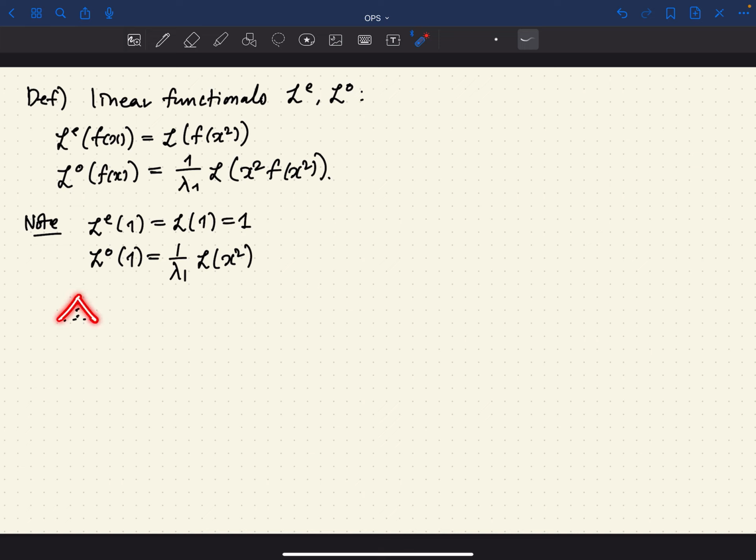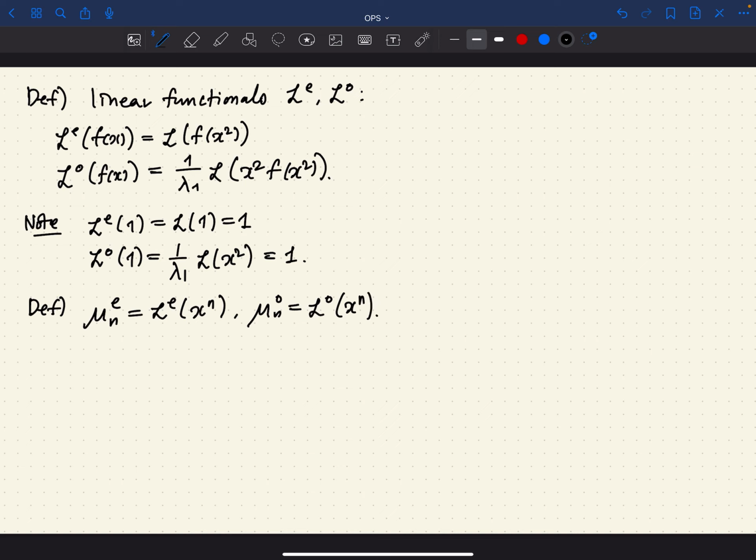So we have up and down, and this has weight lambda_1. So this is 1, and this is why we multiply by 1 over lambda_1. All right. And also we define the notation mu_n^E to be the moment for this linear functional, and mu_n^O, of course, is the moment for this linear functional.